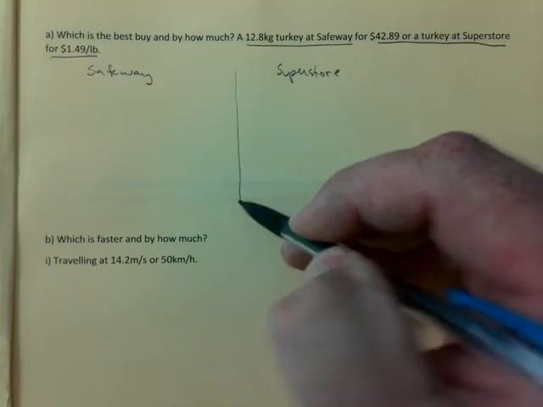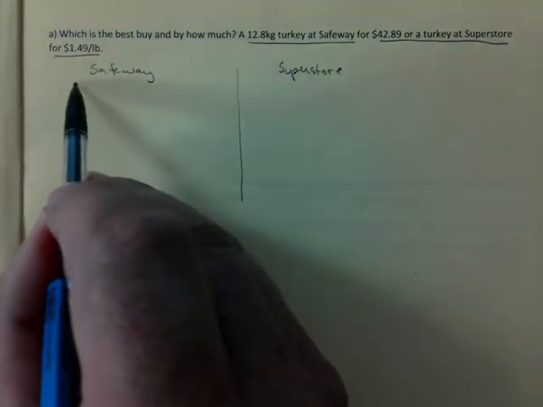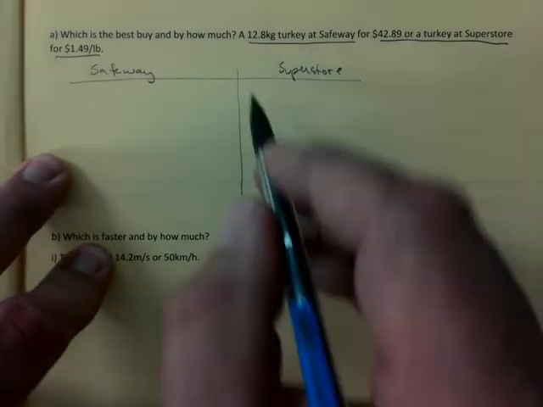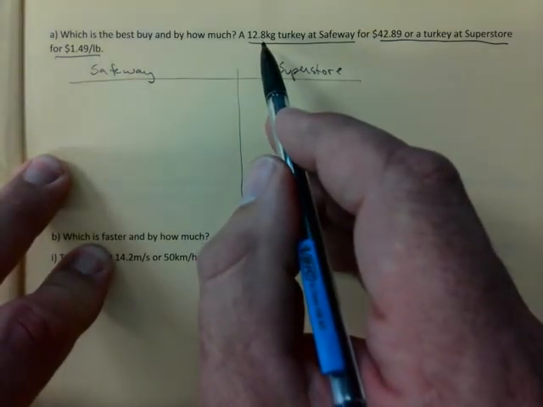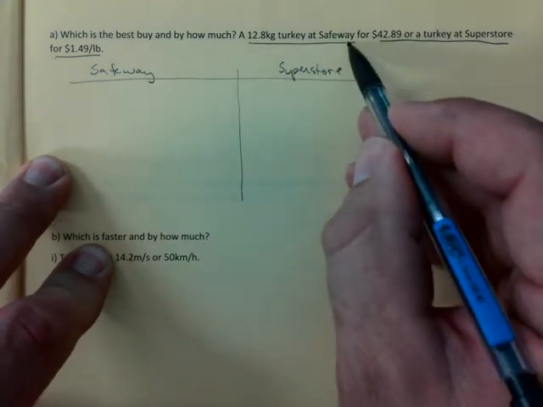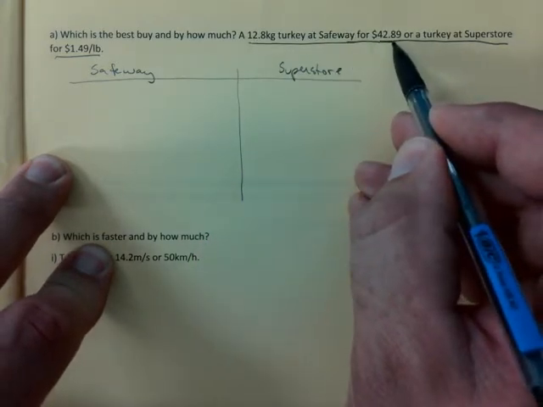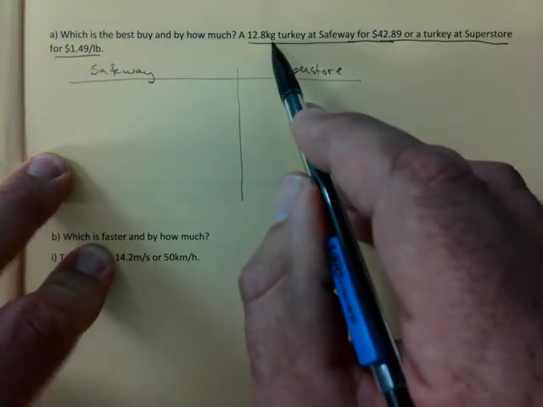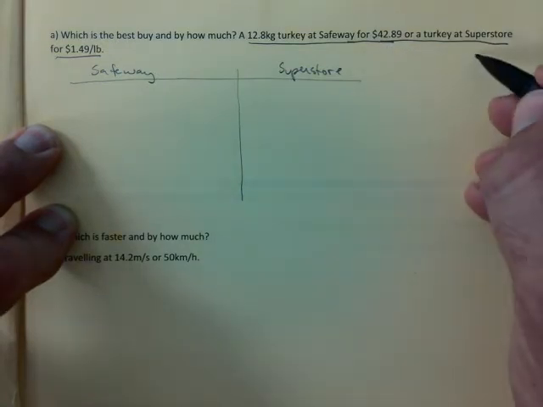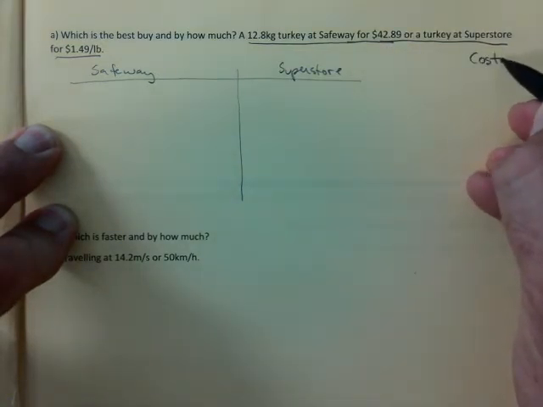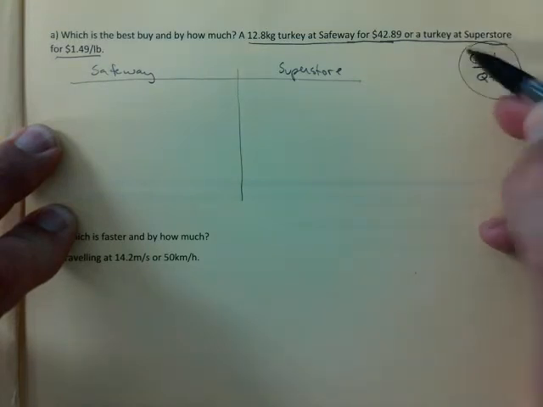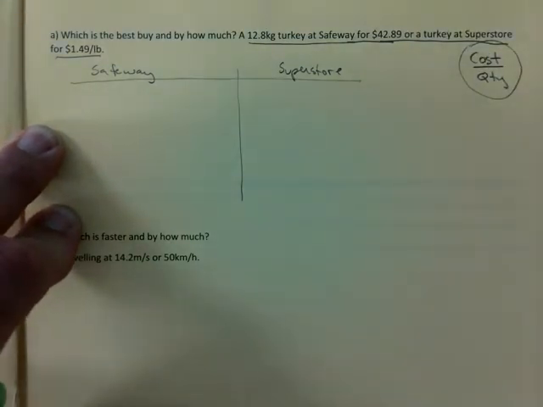See, there's a typo here. Sorry, no, it's all good. We're good. So there's a turkey at Safeway. When you are dealing with money, make sure it's cost divided by quantity. When you're talking money, the money always goes on top.